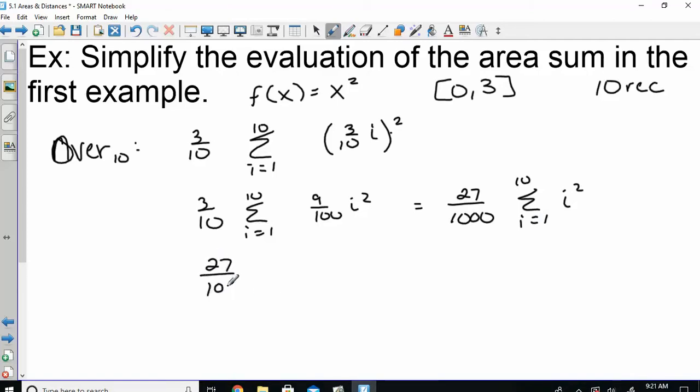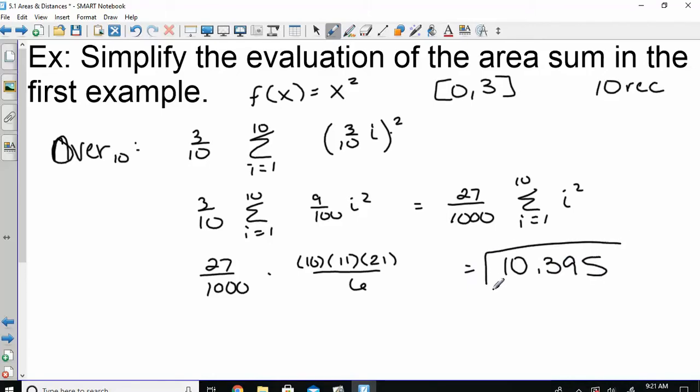So now we can use our i squared formula, so that's n times n plus 1 times 2n plus 1 over 6. And I got 10.395. Is that what we got yesterday for the overestimate with 10 rectangles?